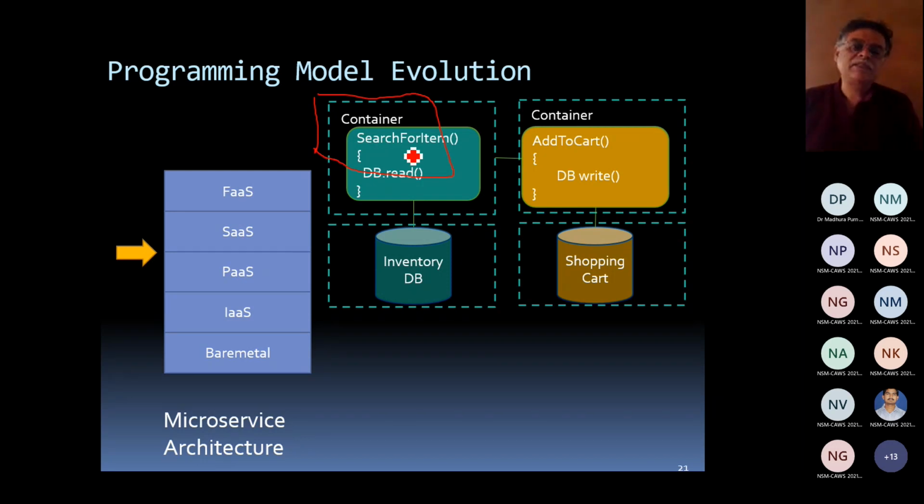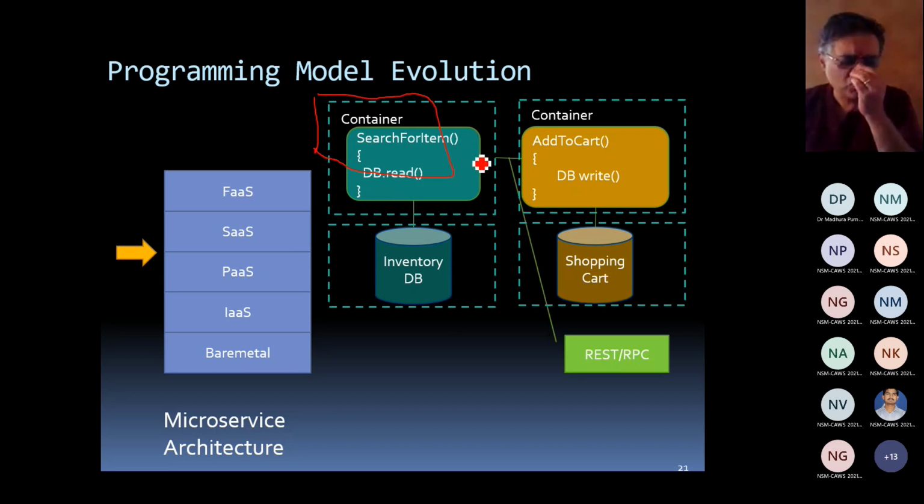The second advantage from a software development perspective was you could have completely different teams working on these two. You could design these two using different languages. You could be using completely different databases for these two. All you had to do was make sure that this interface was well defined.